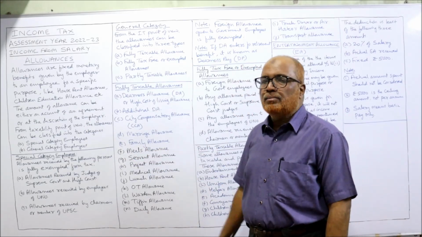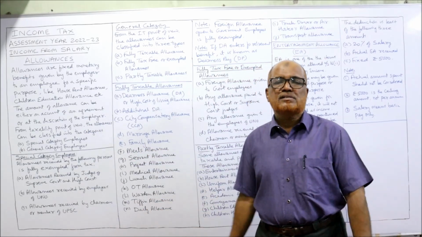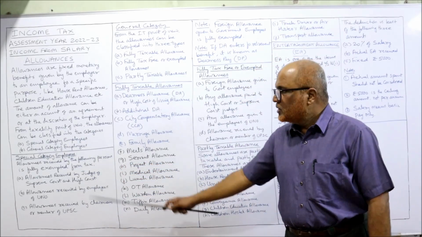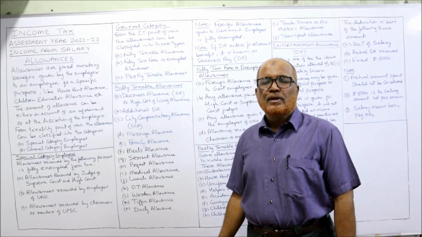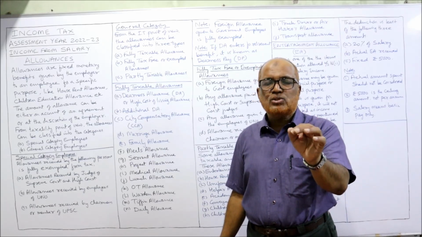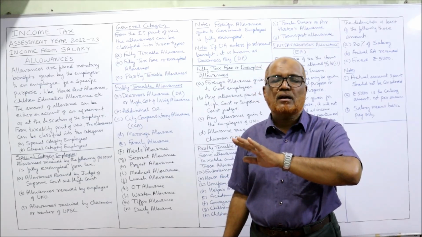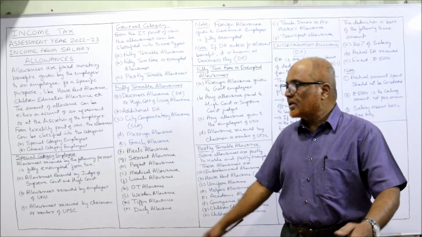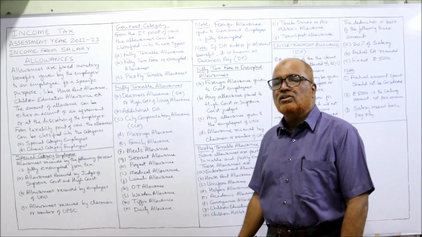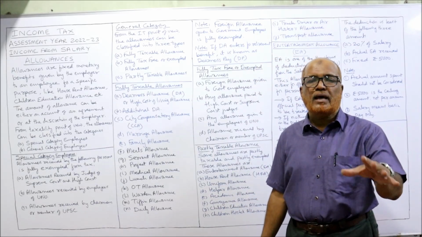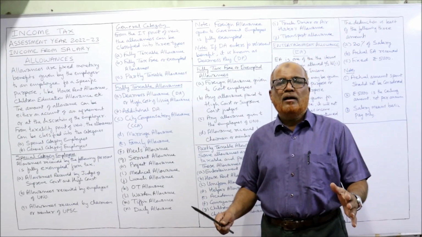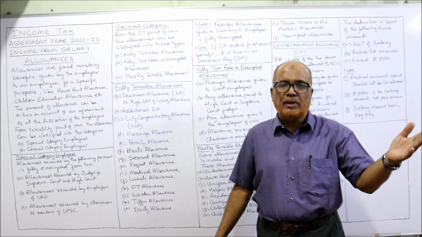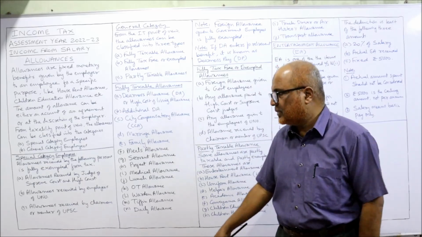Now from the taxability point of view, all the allowances can be categorized into special category employees and general category. Special category employees are those in whose hands the allowances are completely exempted. So which are the special category employees? Allowances received by judges of the Supreme Court and High Court are fully exempted.